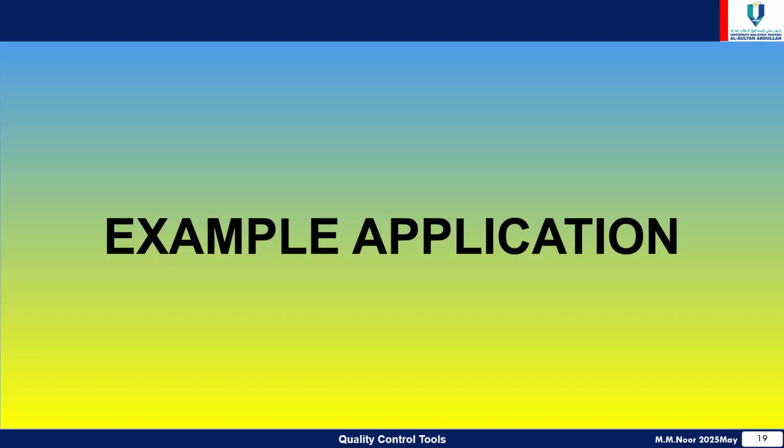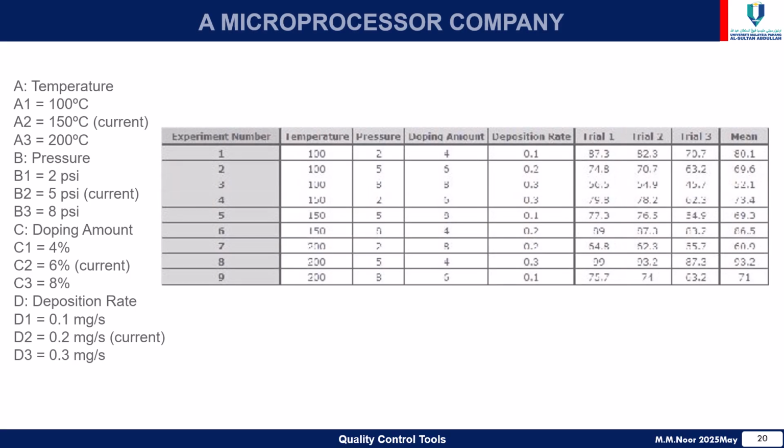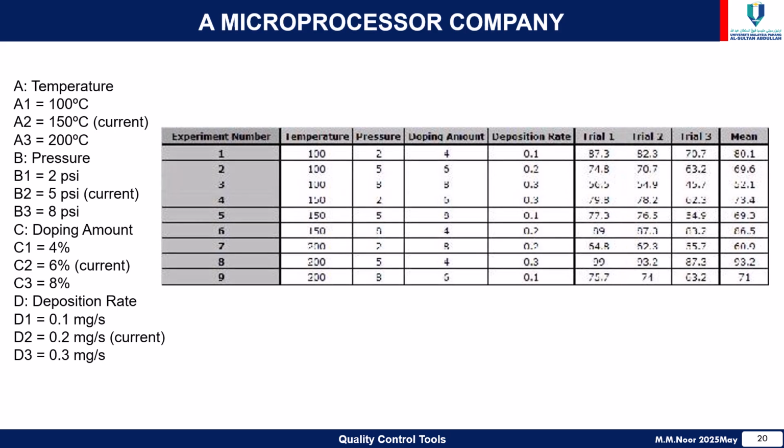So this is the example application. This is a microprocessor company that I found on Google. I don't know which company, but this is the example that I found. So this is the table, and I hope this is accurate data.